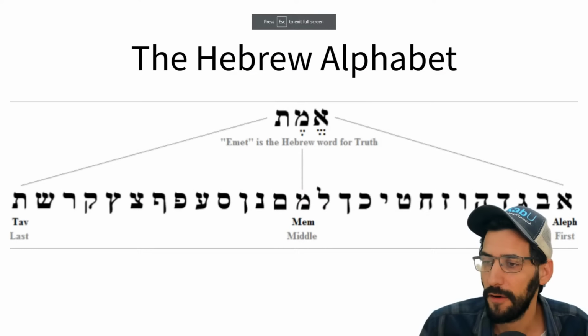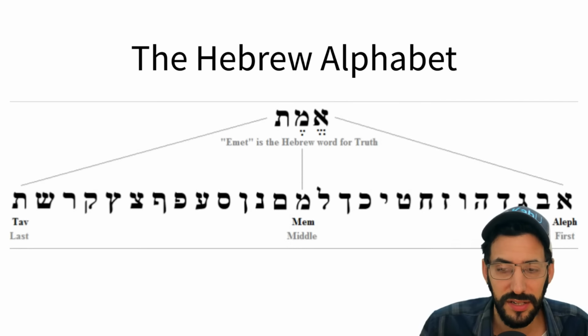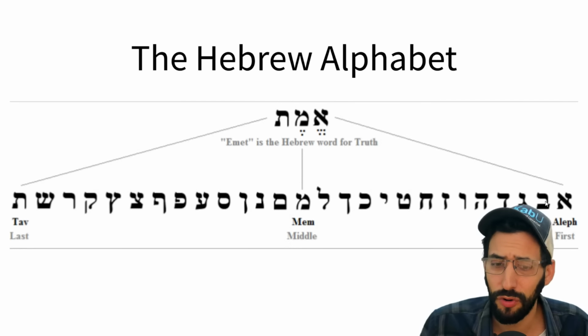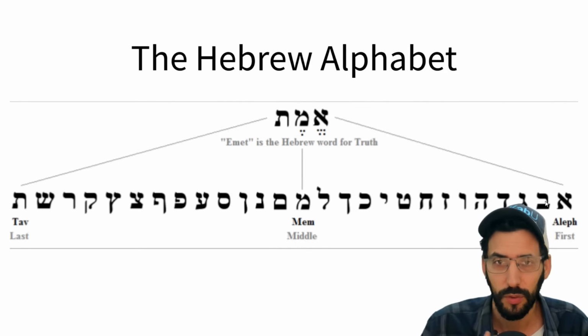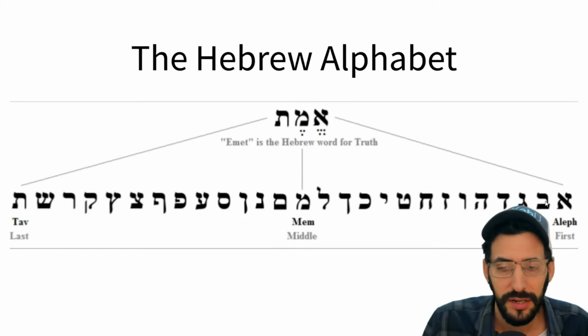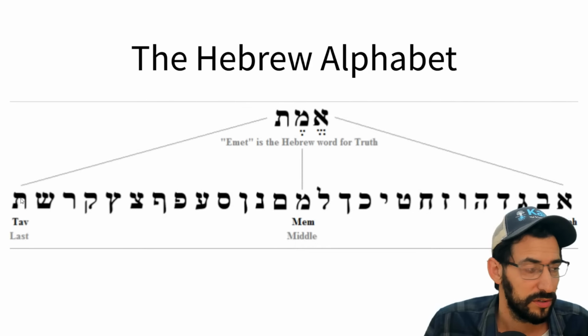So every single one of these letters symbolizes some form of bestowal with its interaction with reception. Now, the order of the letters is Aleph, which is the first letter, to Taf.